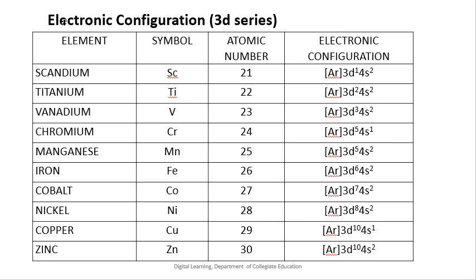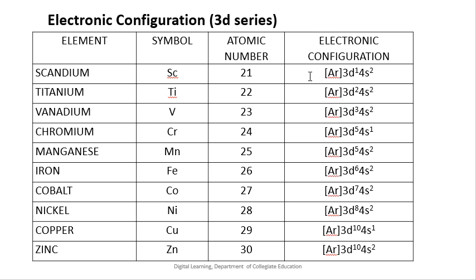So when we consider the electronic configuration of the 3d series, which starts from scandium with an atomic number of 21 up to zinc, which has an atomic number of 30, the electronic configuration can be written as argon 3d 1 to 10 4s 1 or 2.